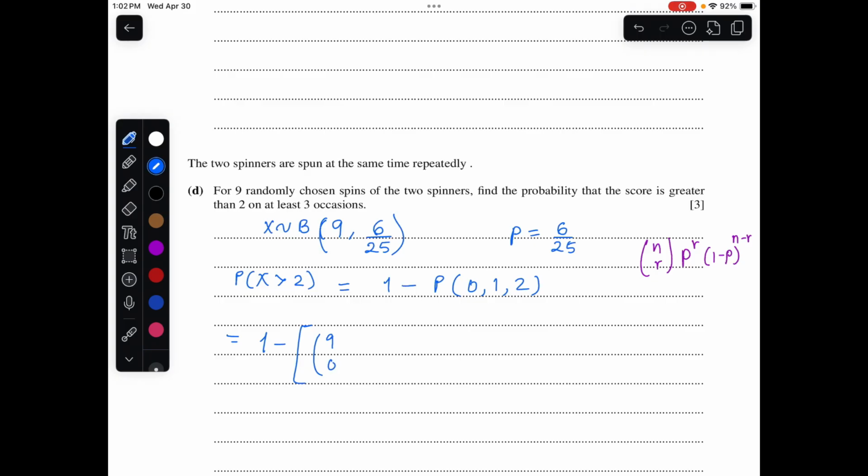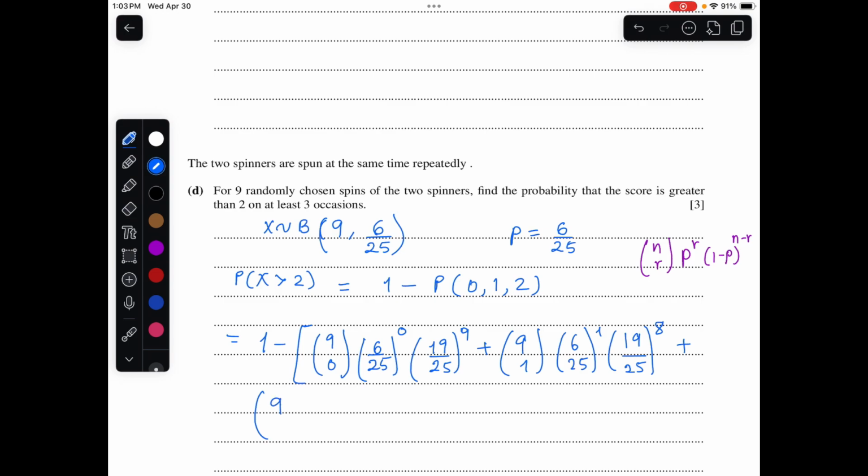So 9C0, p which is 6 over 25 to the power of 0, times 25 minus 6, which is 19 over 25 to the power of 9, plus 9C1, 6 over 25 to the power of 1, 19 over 25 to the power of 8.